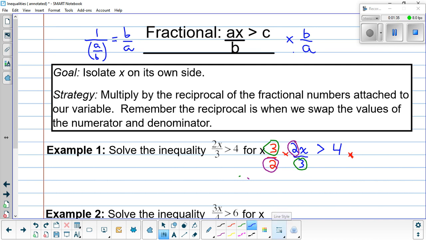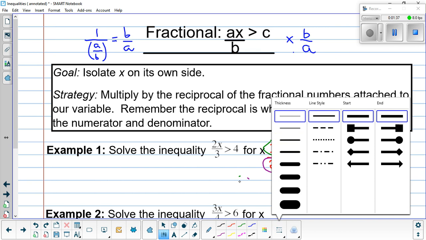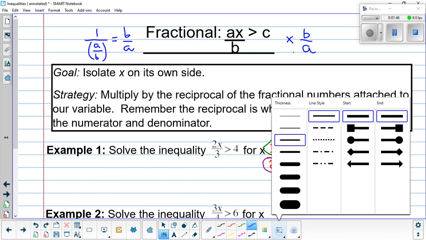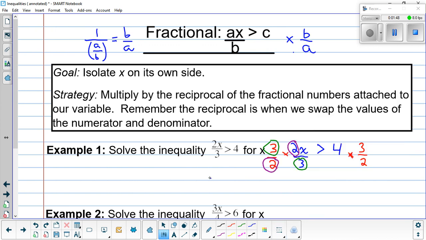So keep in mind, anytime we do something to our left-hand side, we have to do it to our right-hand side. So we multiplied by 3 over 2 on our left, so we multiply by 3 over 2 on our right. Then we're going to get x just simply on our left. That's what we wanted, just isolate x. And 4 times 3 is 12, divided by 2, or simply x is greater than 6.